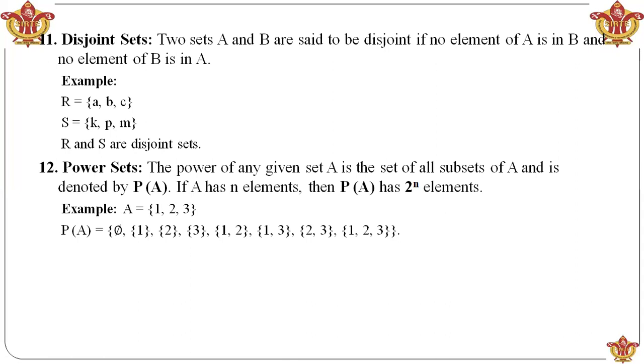If a set A has 3 elements, 1, 2, 3, then the power set has 2 to the power n, that means 2 to the power 3, that means 8 subsets. So here you can see the elements: ϕ, {1}, {2}, {3}, {1,2}, {1,3}, {2,3}, {1,2,3}. So this is the power set.